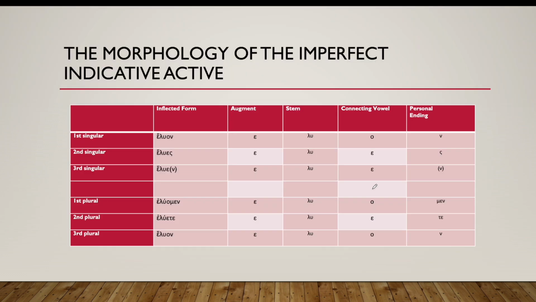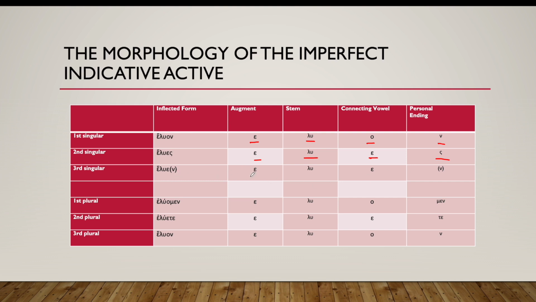Let's look a bit at the morphology in detail. So again, eluon: augment, luo, connecting vowel, and the ending is nu. Eluez, same thing. Augment, verb stem, connecting vowel is an epsilon and a sigma. Okay.